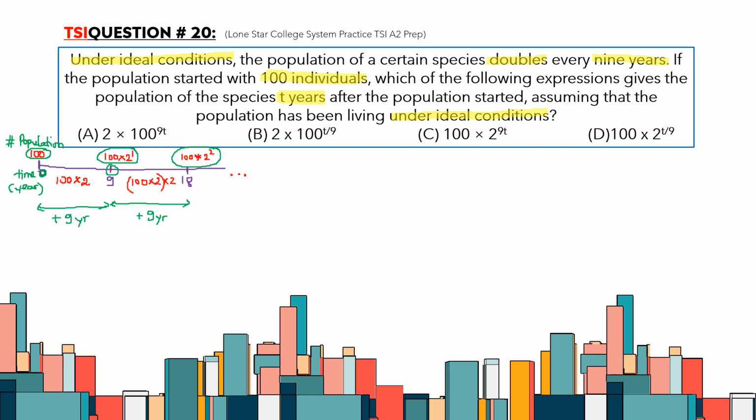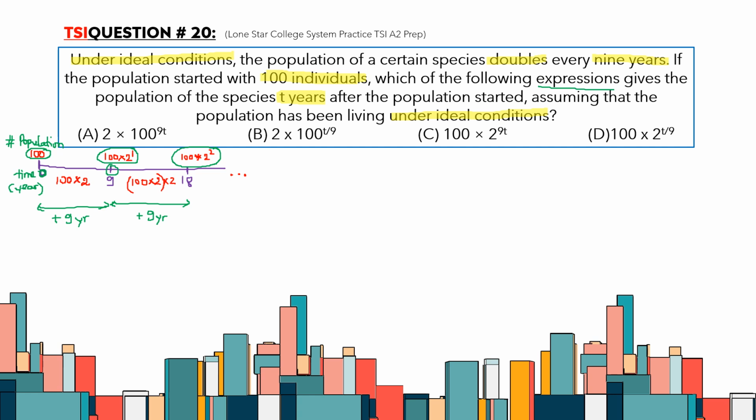So how do we see the formula? I mean, not the formula, but the expressions close to the answer choices. We know that the 100 doesn't change. It is the starting number, the initial population. So our expression will somehow have 100 multiplied by 2.